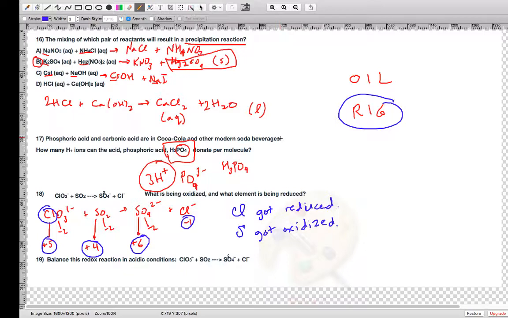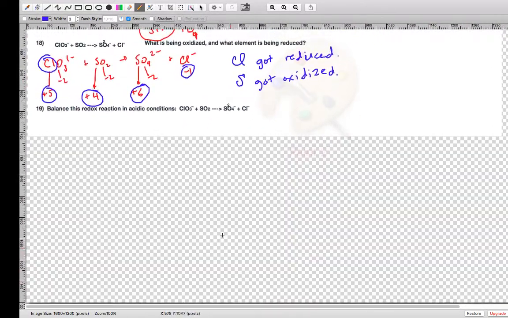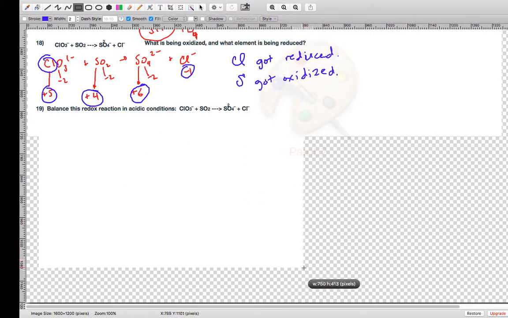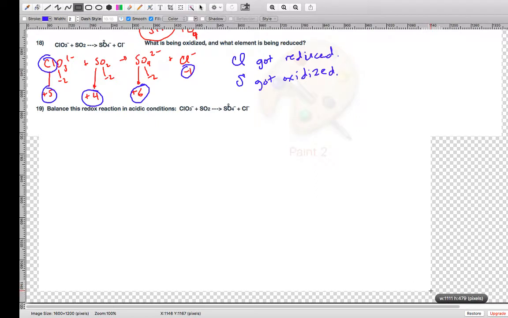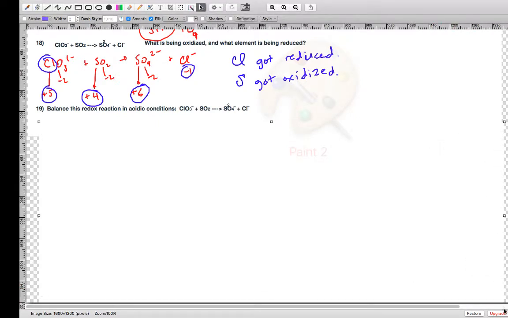All right, that's it. Now, the hardest problem here is balancing this redox reaction in acidic conditions. Remember, I used the WHE method here, where it stands for W, water, H, hydrogen ions, and E, electrons, in that order.